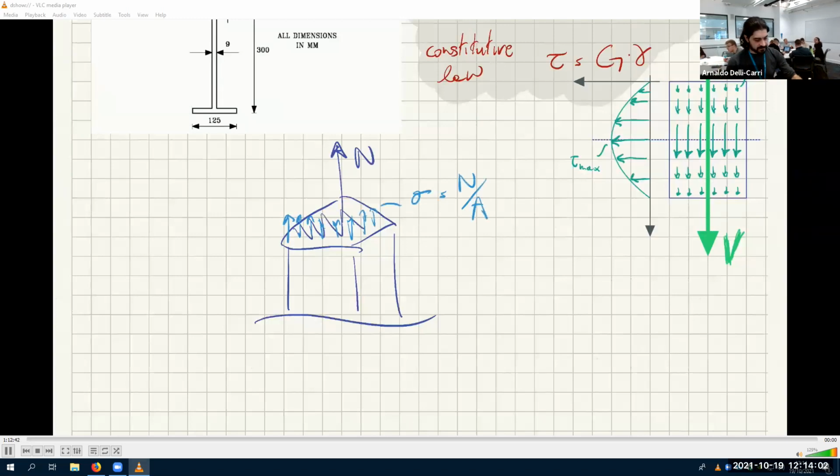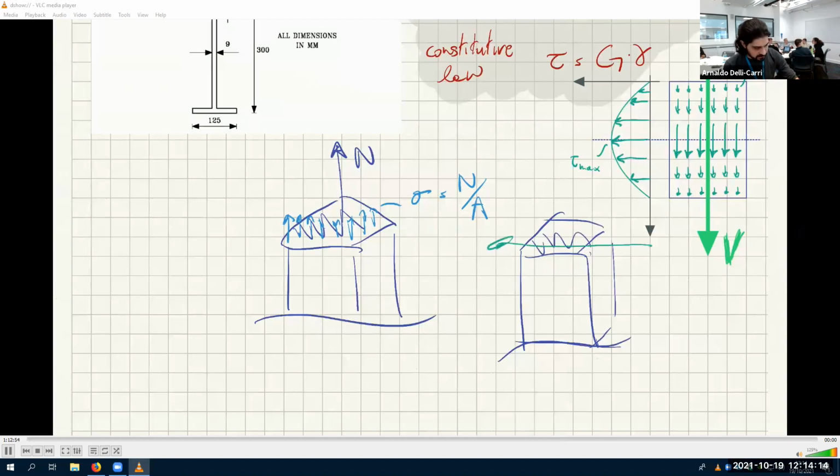We also said in first year that if we have the same thing for a shear force V, which of course is not perpendicular but parallel to the plane, parallel to the cut, we can say in principle that there are the same tiny pressures applied in the same direction, and on average they are tau average, V divided by A. Remember this?